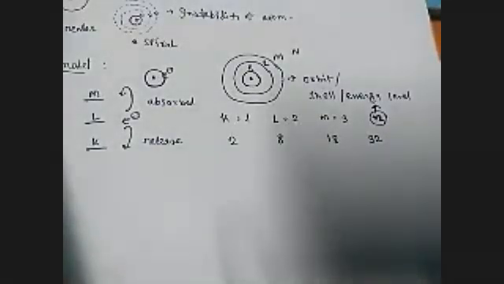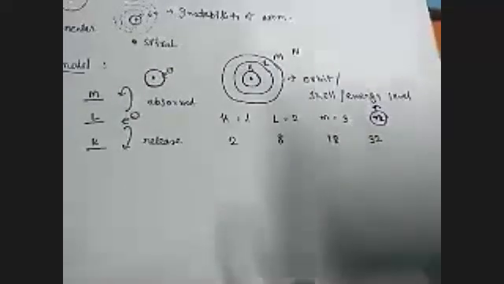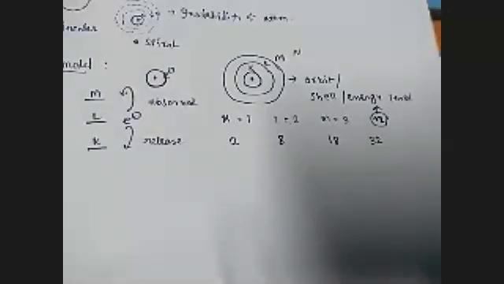Okay, next point. The energy of an electron in the orbit does not change with time.